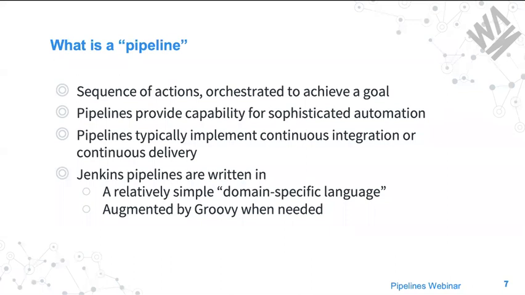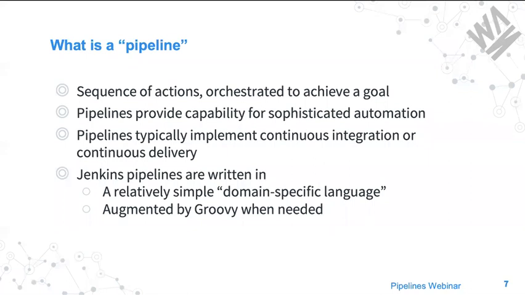In Jenkins, pipelines are written in a relatively simple so-called domain-specific language. This domain-specific language allows us to describe the kinds of things that we're talking about at a relatively high level. So the language that we use to express the pipelines is, in some senses, comparable to the language of the objects we're talking about in the real world, at least in a sense.